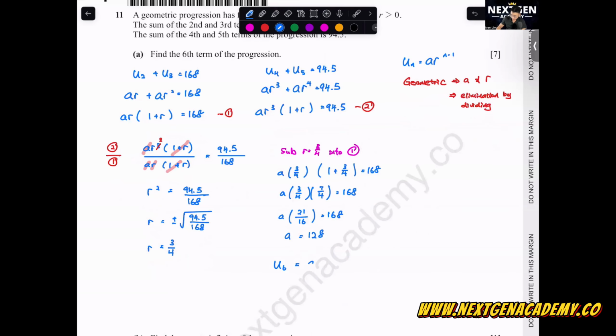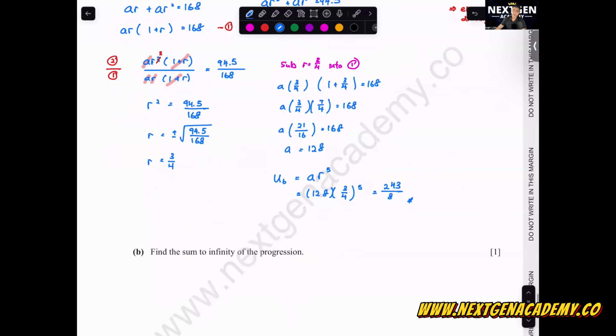Find the sixth term. The sixth term is AR to the power of 5. 128 times 3 over 4 to the power of 5. Calculate, you get 243 over 8. Okay, and the final one, the easiest question of all.